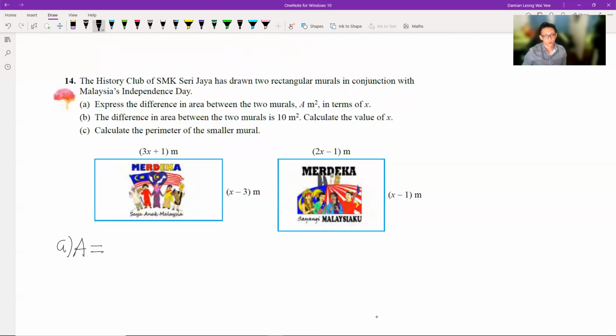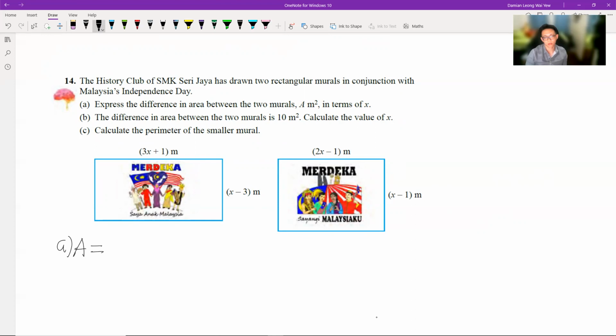Okay. So we try to compare the two, right? We need to figure out which one is actually the larger one. Okay, which one is actually the larger one?